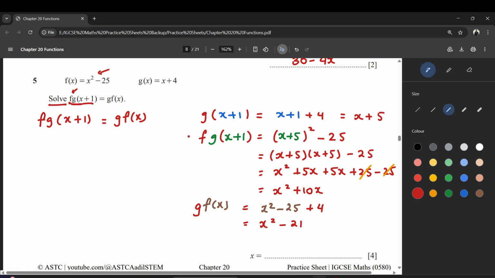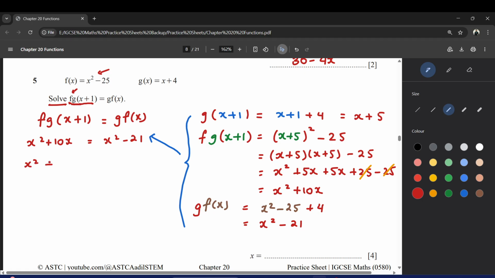All right, now once we have written all of this, we can apply all these expressions into this formula. So here I can write down x squared plus 10x equals x squared minus 21. Now we bring everything to the left hand side.